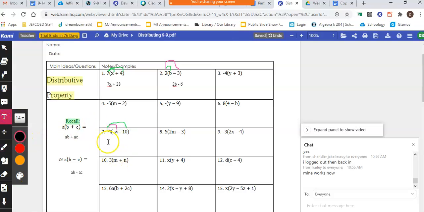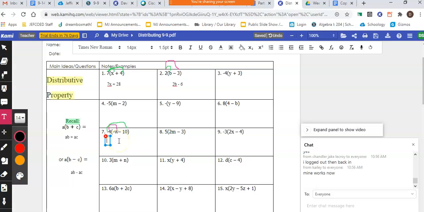Okay, so just make sure that when we're multiplying these negative values, you know that a negative 4 times a negative w is going to give you 4w. And then negative 4 times that negative 10 is going to give you a positive 40. Are we good there?